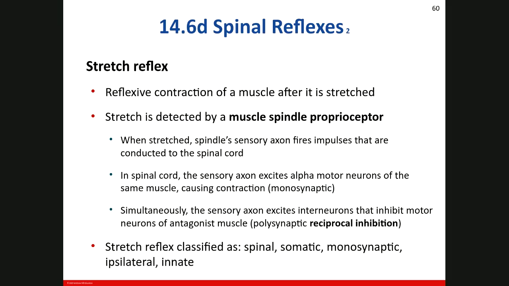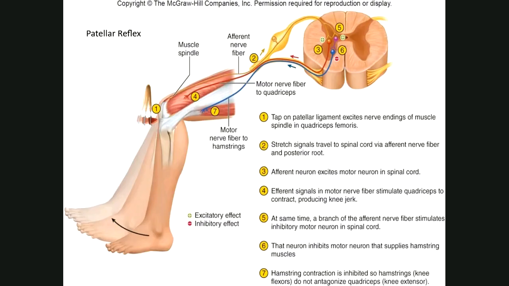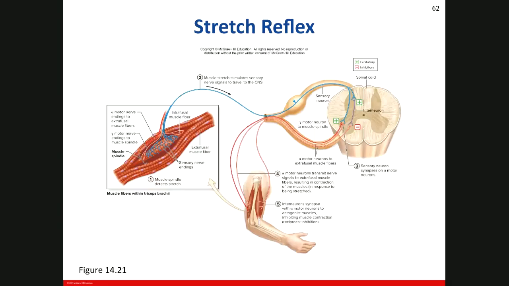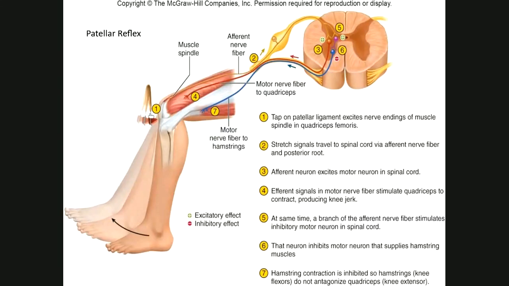One of the spinal reflexes is called a stretch reflex. I talked about a stretch reflex in the monosynaptic reflex for you, and now I want to talk about it in this picture. In this picture, you can see the patellar reflex. When you tap on the patellar ligament, the muscle spindle in the quadriceps femoris can detect this stimulation.